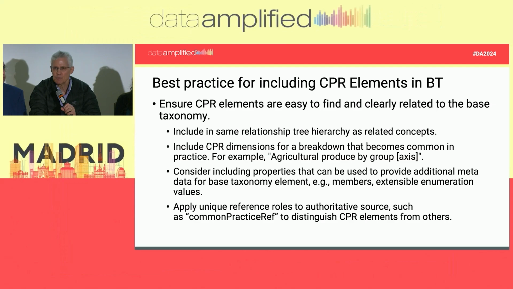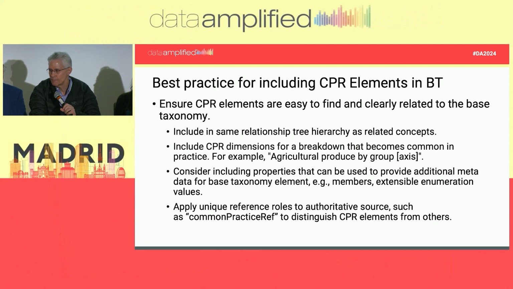So this is built into the base taxonomies, and we use it all the time on so many of our disclosures, like segments and so forth. And so if you have something that filers are going to report as a known CPR element, including it as a dimension or maybe an extensible enumeration is a good way to handle that.